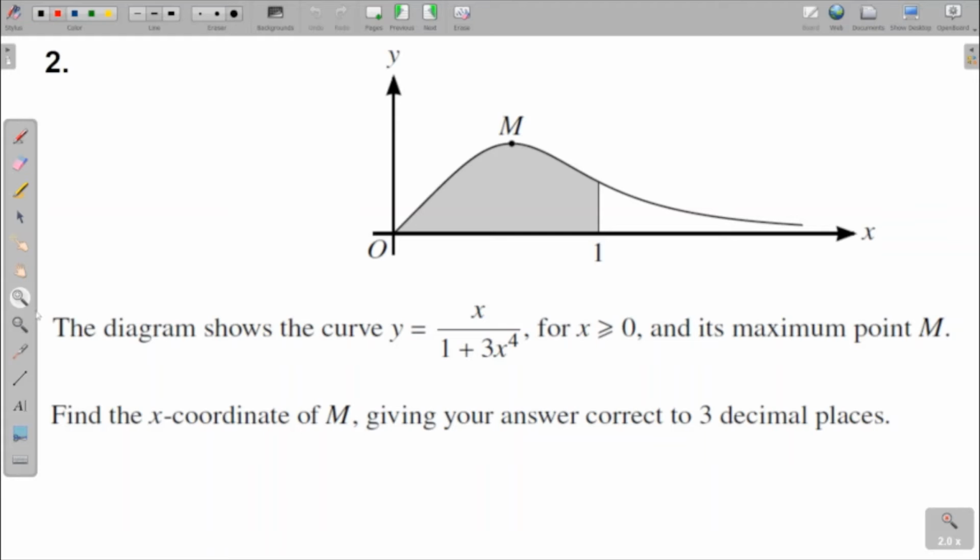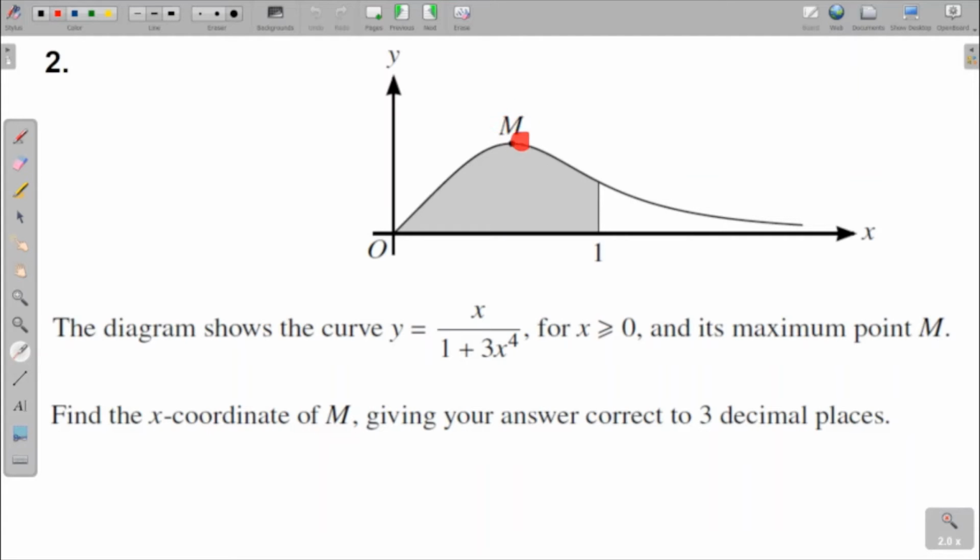Okay, so here we have been given a diagram which shows a curve with an equation x by 1 plus 3x to the power 4, and they have said that all x values are positive and it has a minimum value of 0, and there is a maximum point M on this graph.